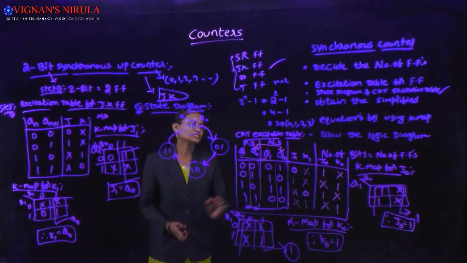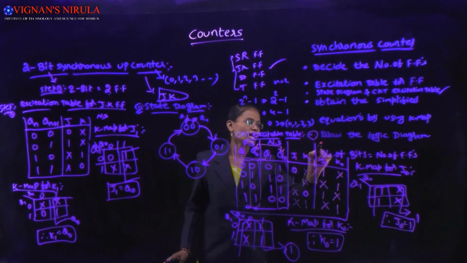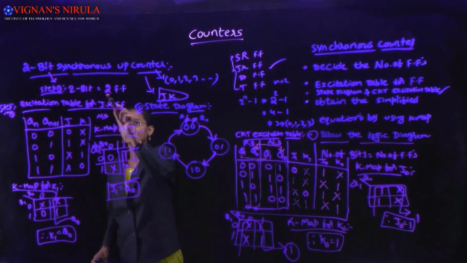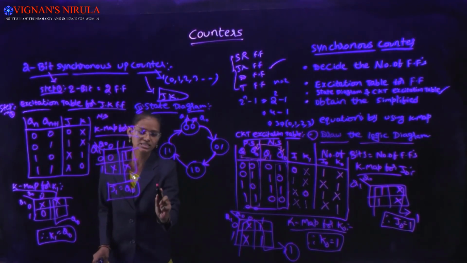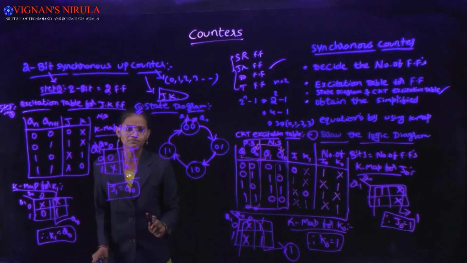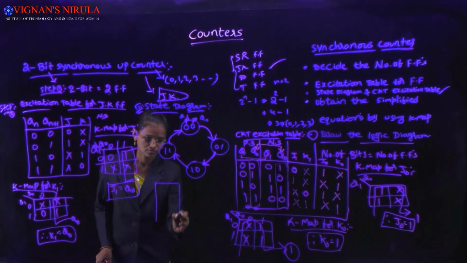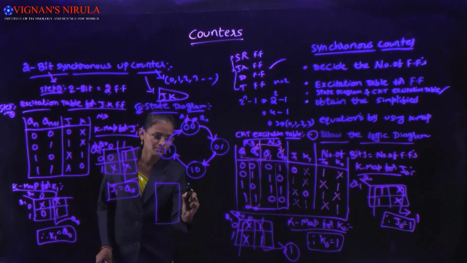Okay, and next, the last step is to draw the logic diagram. Here we are considering 2 JK flip-flops.